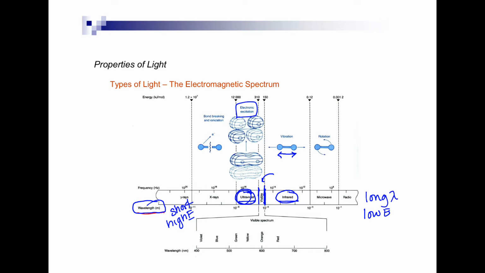Now when I say ultraviolet light is a stronger version of that excitation, I just mean a higher energy version of that. If we keep on going to the higher energy side from ultraviolet, we will eventually get to X-rays, and X-rays are waves that have so much energy that they can actually cause bond breakage, and they can cause ionization.